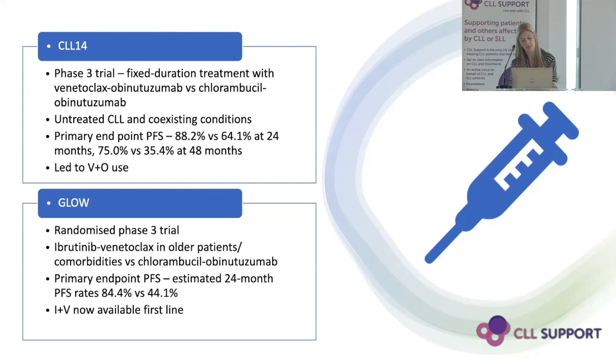GLOW is one of the randomized trials looking at the ibrutinib venetoclax combination, compared with chlorambucil obinutuzumab, and has shown a much improved progression-free survival. Ibrutinib venetoclax is the latest first-line option that we now have to add to our armory of options.